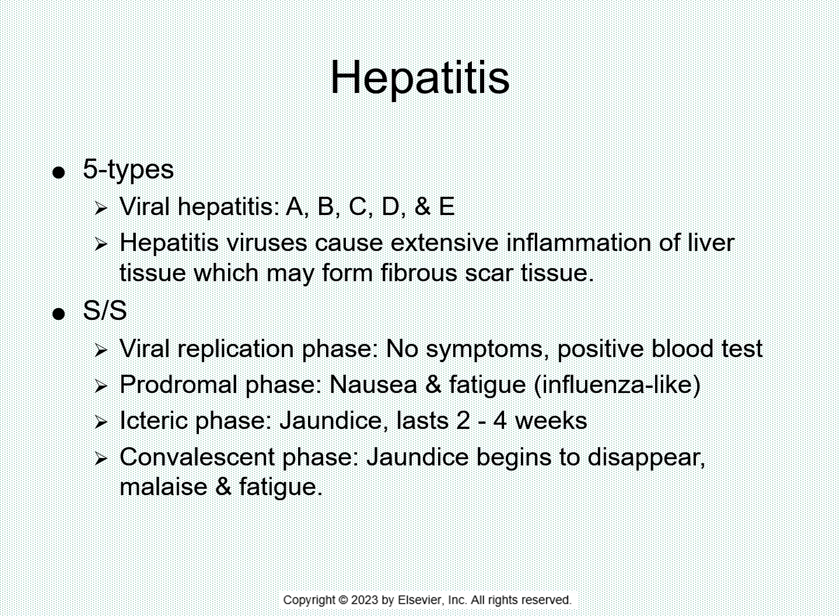Liver cells are damaged either by direct action of the virus on the hepatocytes or by cell-mediated immune response to the virus. Hepatitis viruses cause extensive inflammation of the liver tissue. Hepatitis A and Hepatitis E viruses are transmitted primarily by the oral-fecal route.